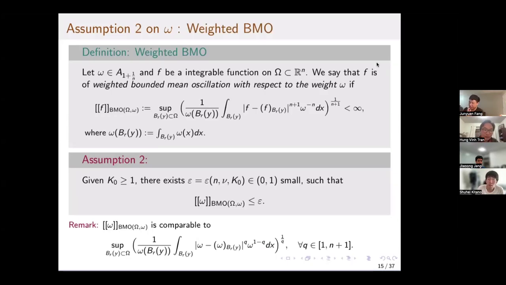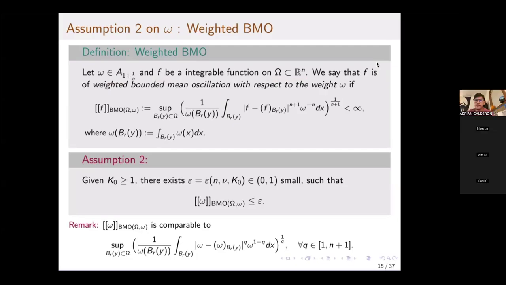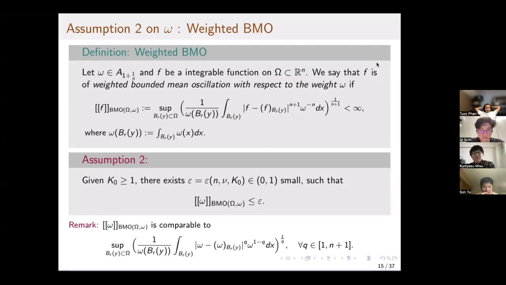Based on the previous condition, we also need omega to satisfy some weighted BMO condition. So here's a definition. If we already assume omega is in A1 plus 1 of n, and f is some integrable function with respect to omega on R to the n, we say this little f is of weighted bounded mean oscillation with respect to omega if this quantity defined over here is finite.